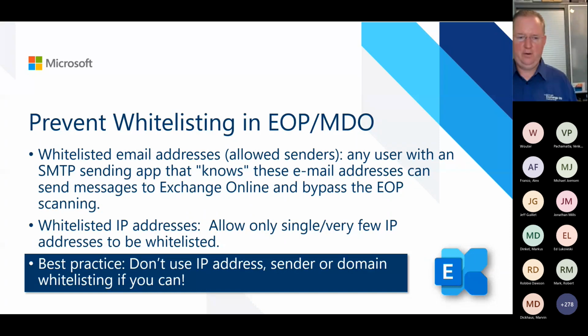So I recommend that you understand this implication and that you don't use IP address, sender, or domain whitelisting if you can. If you can is always a hard thing, because in many situations, especially when your customers put pressure on you, whitelisting is the quickest and easiest way to implement. But make sure you know the implications and change it again quickly.